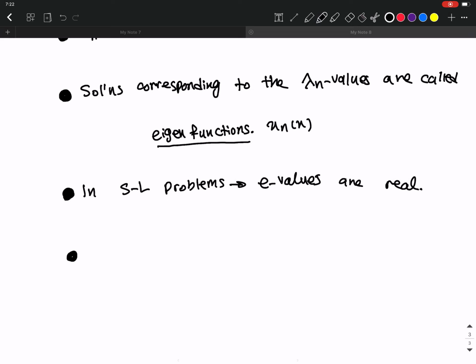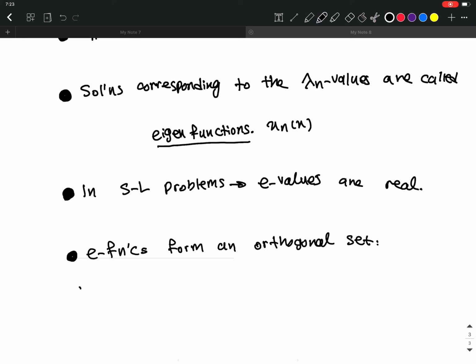And finally, eigenfunctions, and I'm going to show them with efunc from now on, form an orthogonal set. You define an orthogonal set by taking their inner product, so that the inner product should be 0.